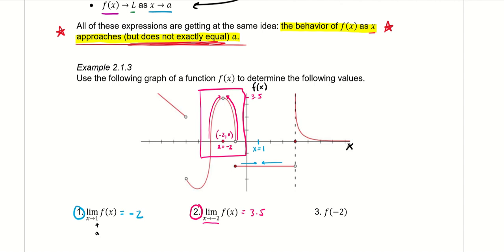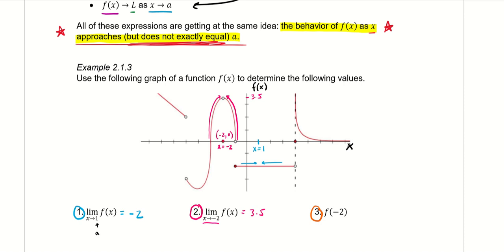What our intuition was when we first looked at this point is actually what this question is asking here, part 3. So notice there's no limit in here. We're not calculating a limit. This is just asking us what is f of -2. And this is actually what we were just talking about with this point.